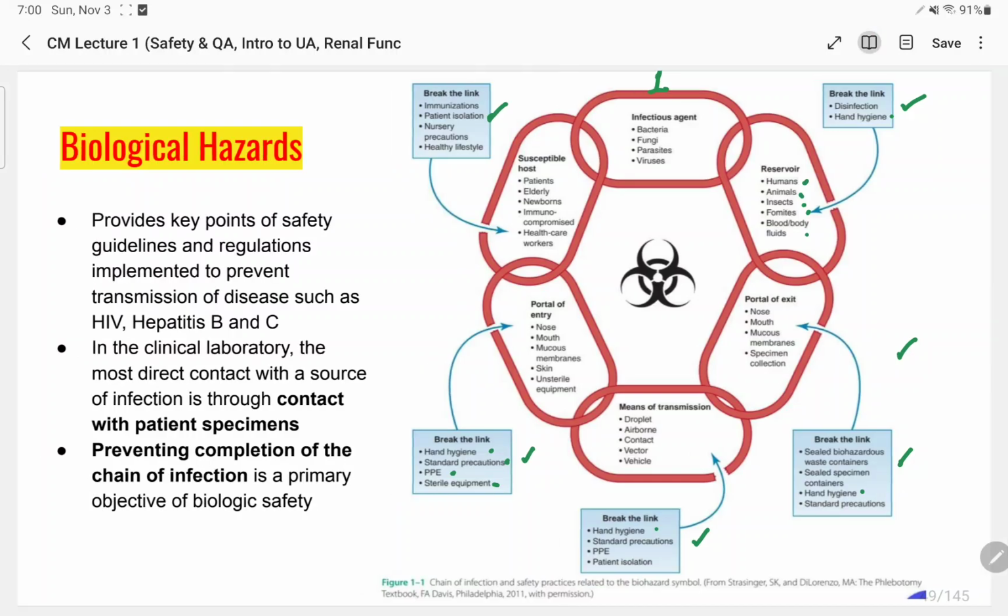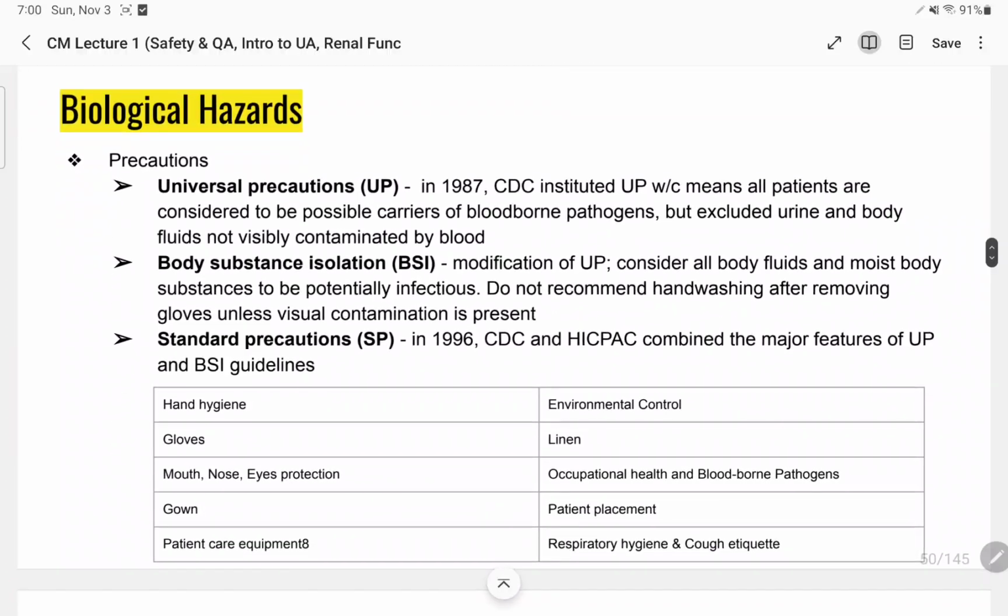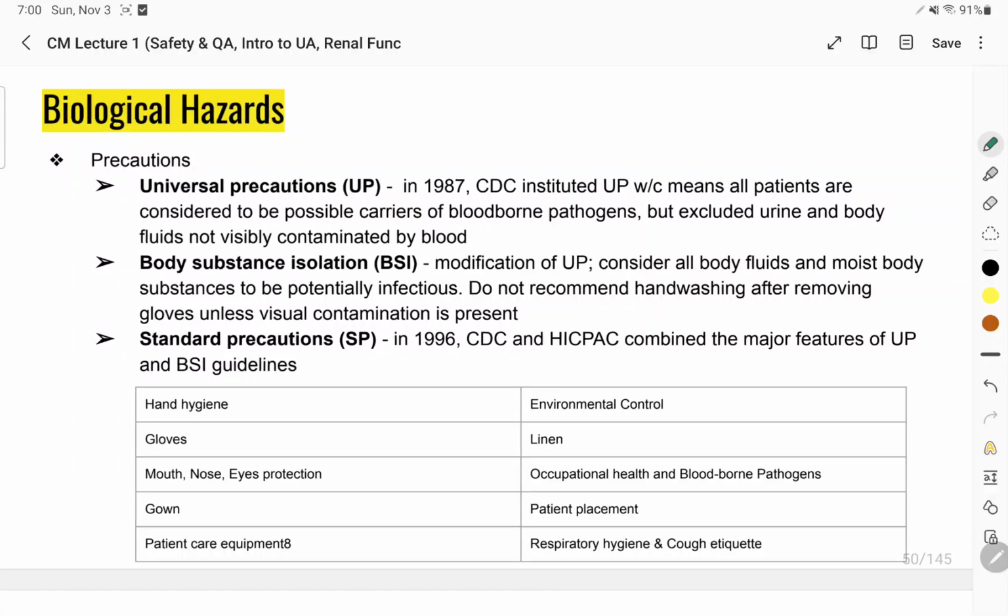Okay? So, your biologic hazards, we have precautions that we follow in the clinical laboratory. So, first, in 1987, the Centers for Disease Control and Prevention instituted the universal precautions. And what does universal precaution mean? Universal precautions mean all patients are considered to be possible carriers of bloodborne pathogens, except urine and body fluids not visibly contaminated with blood.